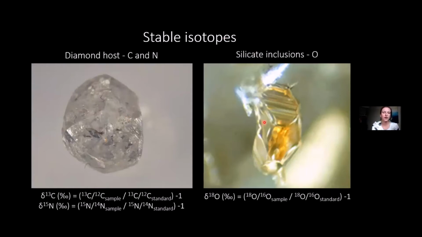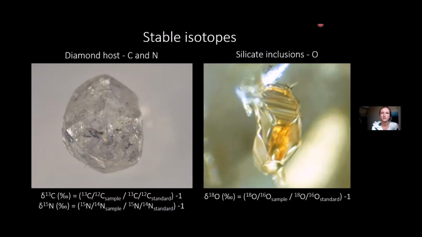And so the carbon and nitrogen isotopic study of the diamond lattice itself is quite traditional in diamond geology and is quite easy to do at this point. And often what you'll find is that people report these values in delta notations, which is simply the carbon isotopic signature of your sample compared to a standard.